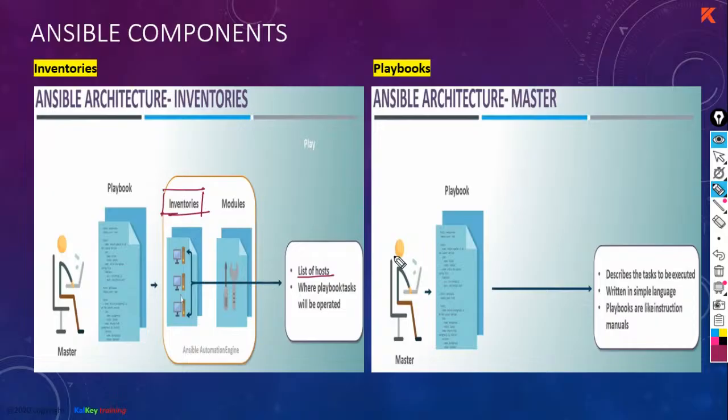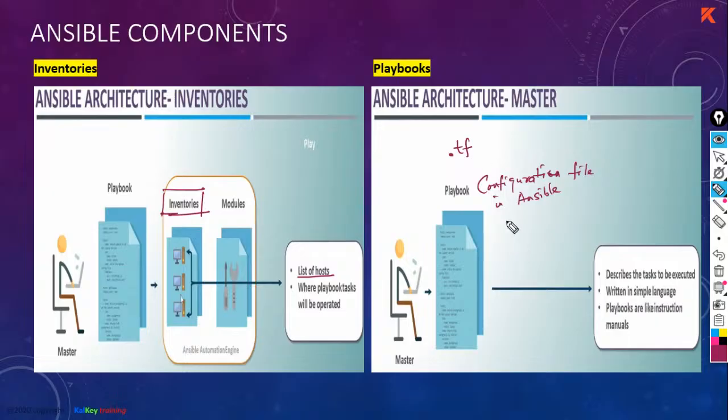So another is the playbook. The playbook is the configuration file in Ansible. This is sort of a configuration file, like in Terraform, you have the .tf files, Terraform files.